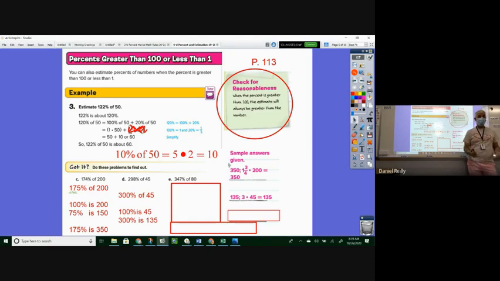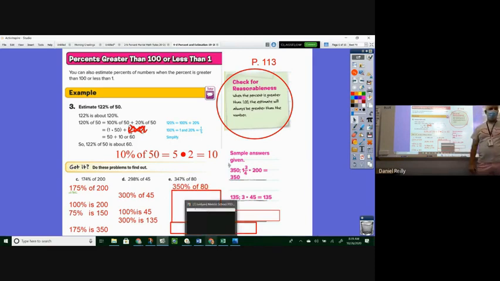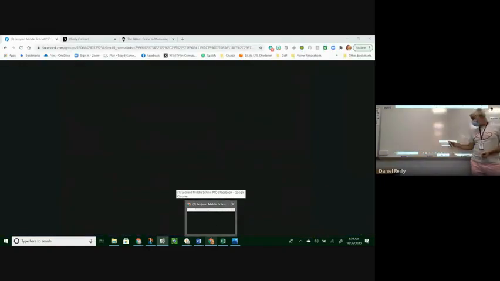I'm going to make it easy numbers. How do I get 300% of 80? You just do 80 times 3. That's correct. 300% means it's 100% times 3. So 3 times 80 is 240.